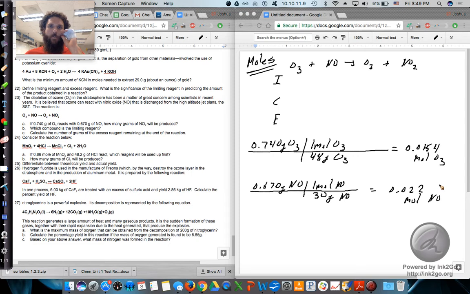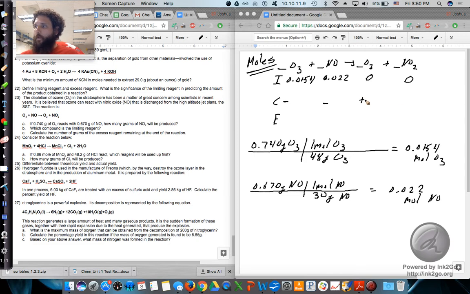So those are our initial amounts of those two reactants. So we have 0.0154 and 0.022. That's our initial stuff. Now our initial stuff of the products is going to be what we start with at the beginning of any reaction, and that's going to be nothing. The change is related to the coefficient. So on the reactant side, we're going to subtract.